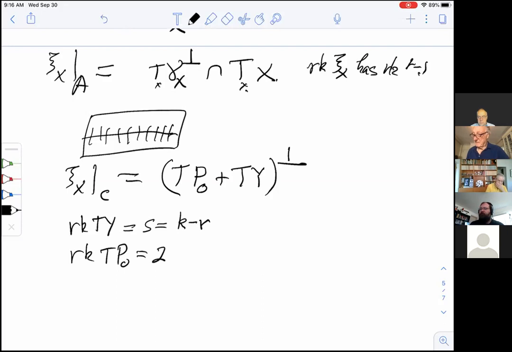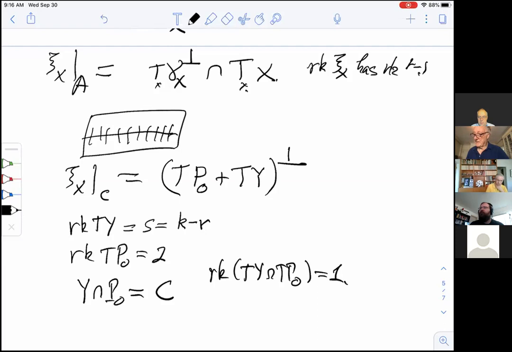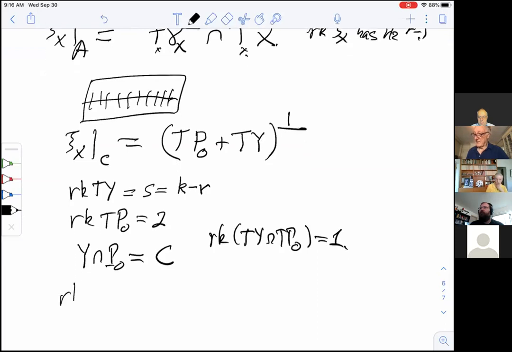But Y intersect P naught is C, which is a curve. So the rank of their intersection is 1, and hence the rank of the tangent bundle to P naught plus the tangent bundle to Y is K minus R plus 1.